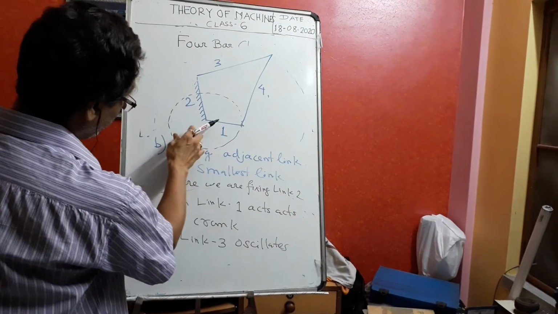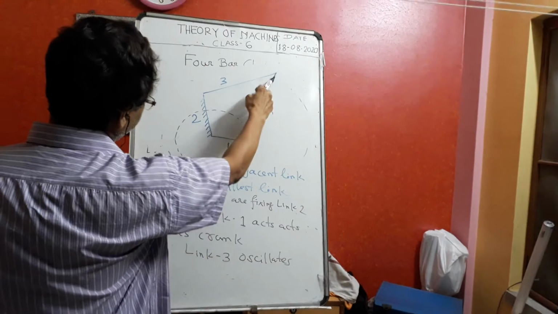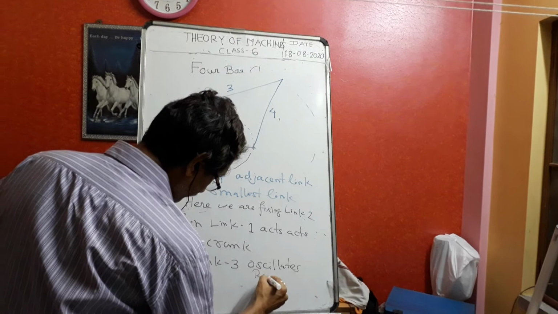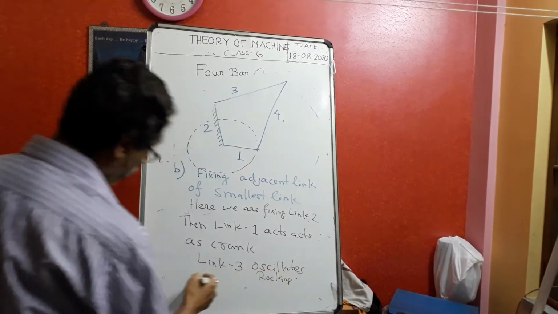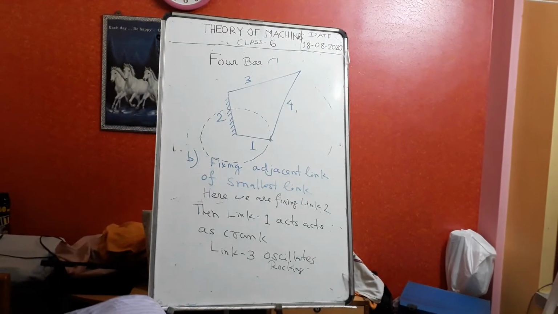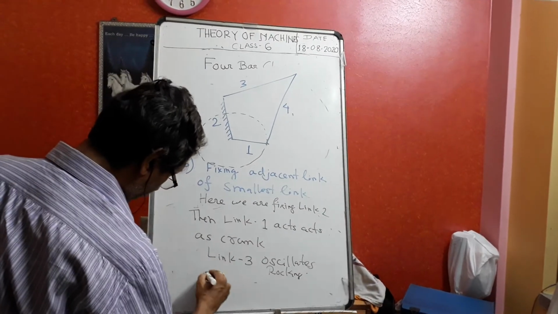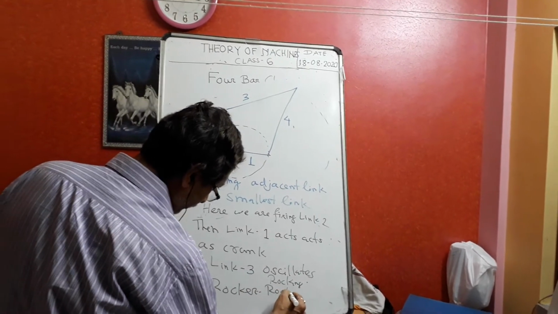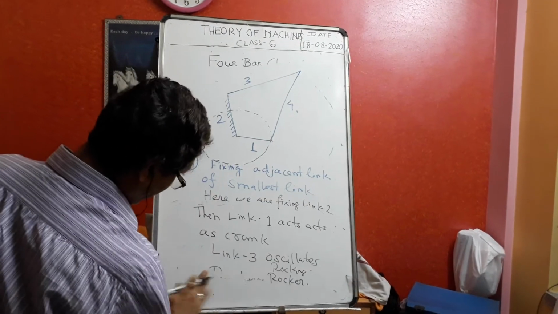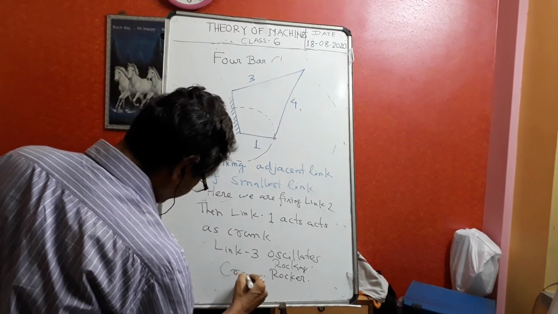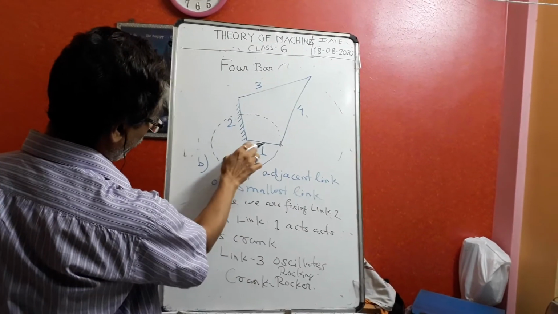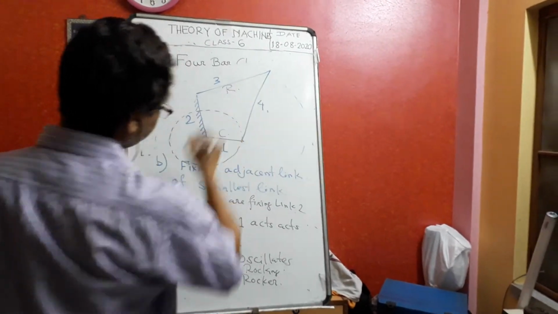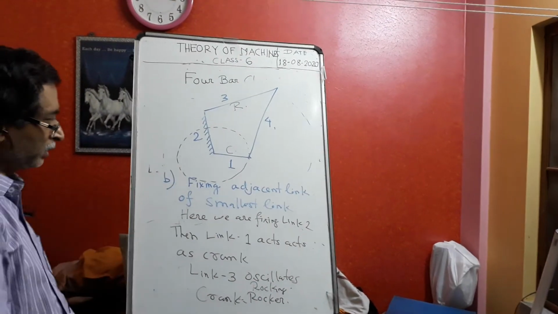So one link is cranking and another link simply oscillates, rocking. Then this mechanism is called a crank rocker mechanism, because 1 is acting as a crank and 3 is a rocker.